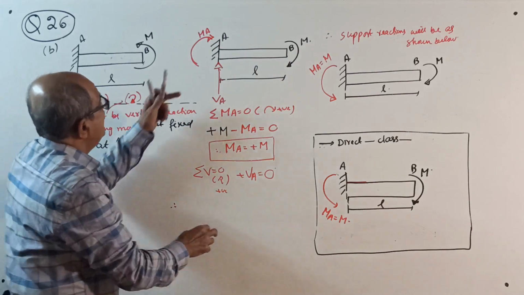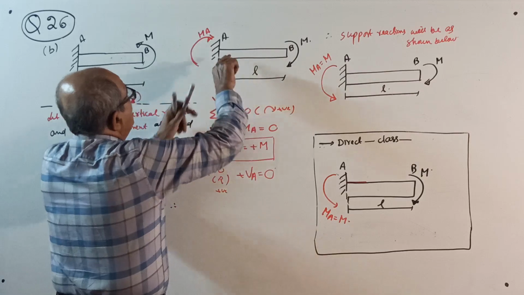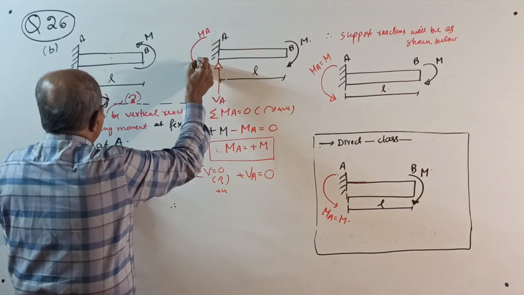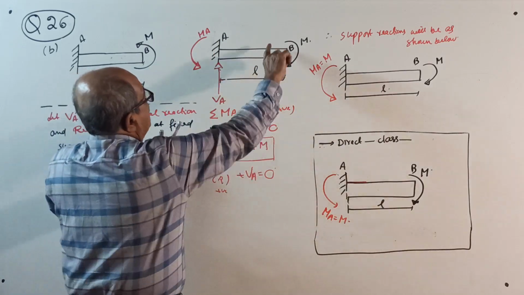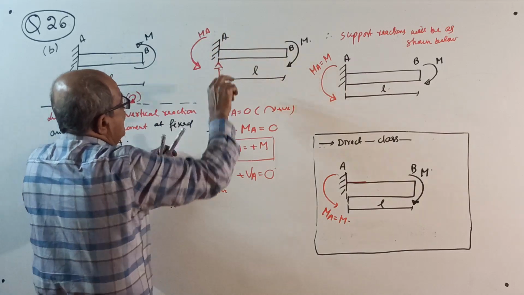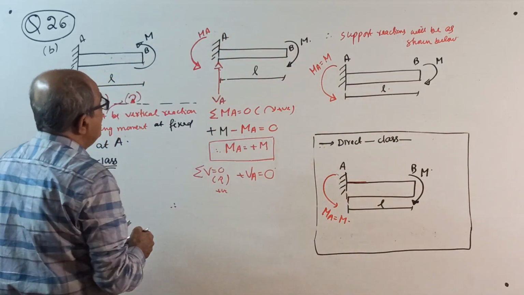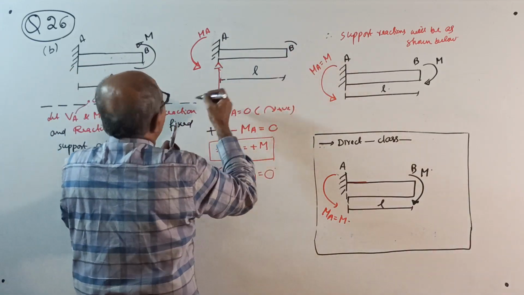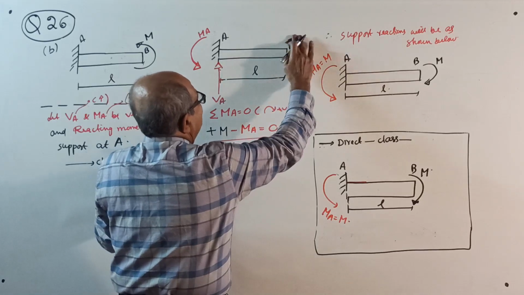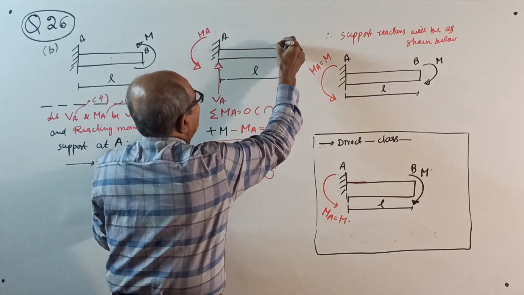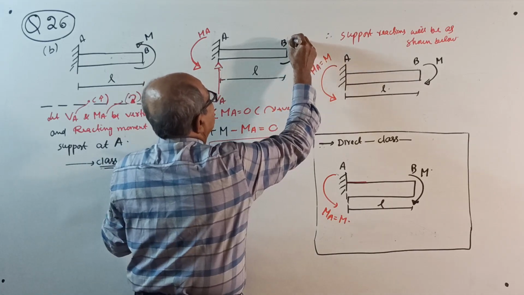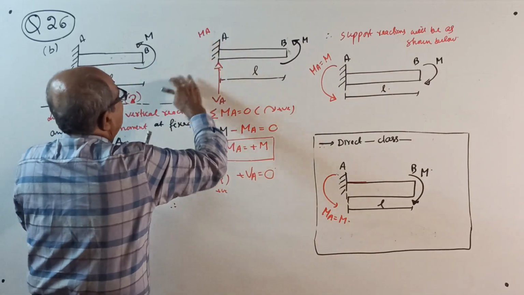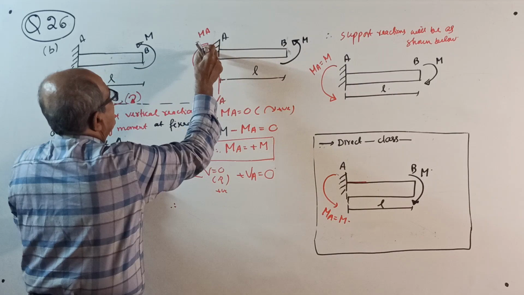Write all the statements. Take moment about A. Plus M, MA is anti-clockwise: plus M minus MA equal to 0. Last time I put minus MA. Oh, sorry, this is an anti-clockwise couple. I was wondering what is happening, because I saw the sketch here, the couple is still clockwise. Therefore, we will assume reacting moment clockwise, MA.